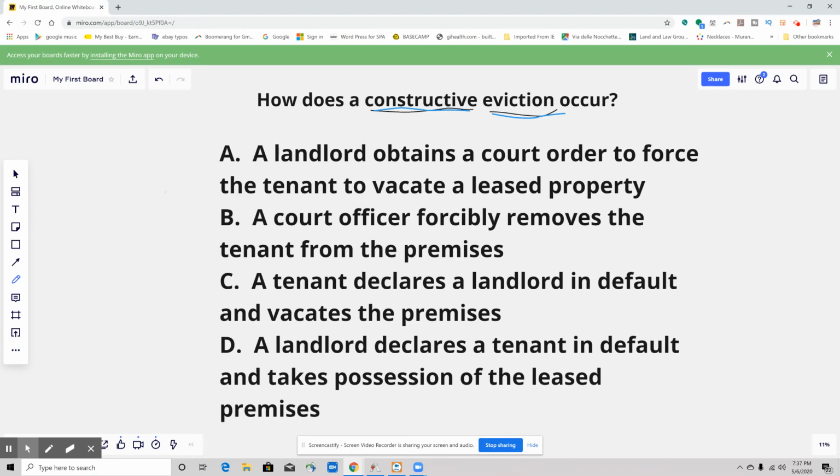If you said to a layperson that someone is being evicted, they would think the landlord is seeking to remove the tenant. A constructive eviction is actually the reverse, where the tenant is evicting themselves on the basis of the landlord violating the warranty of habitability.